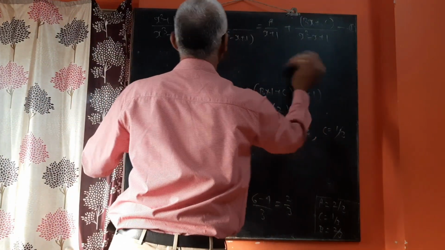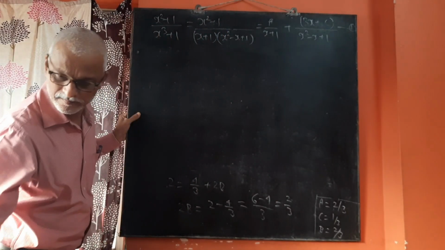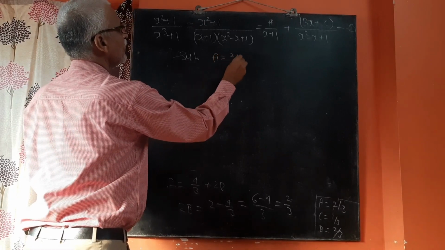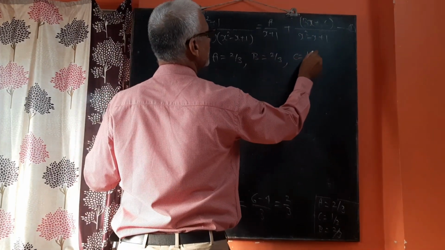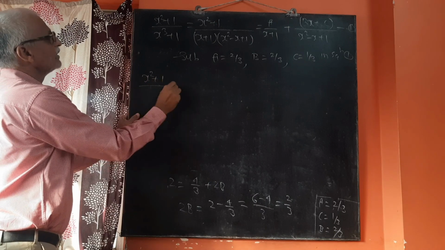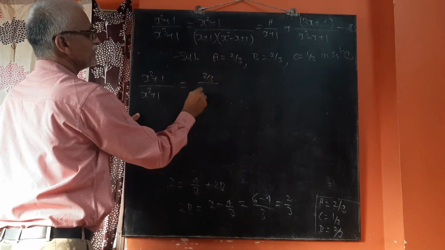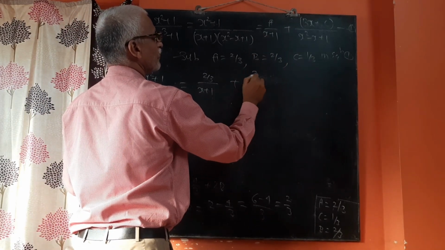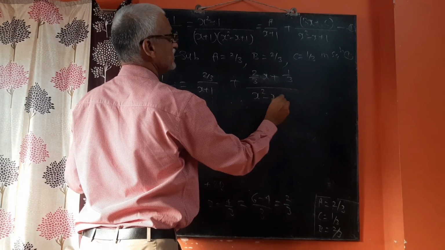Now substituting a equals 2 by 3, b equals 2 by 3, and c equals 1 by 3 in equation 1, we get x square plus 1 divided by x cube plus 1 equals a means 2 by 3 divided by x plus 1, plus b is 2 by 3 x plus c is 1 by 3, whole divided by x square minus x plus 1.